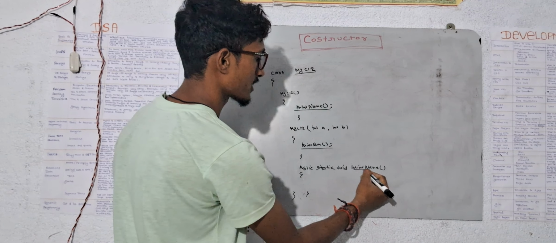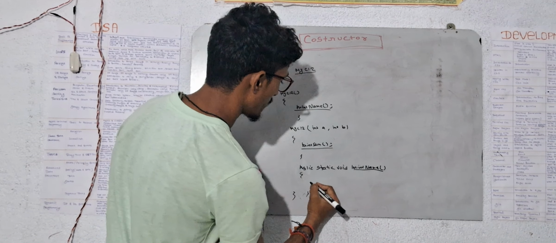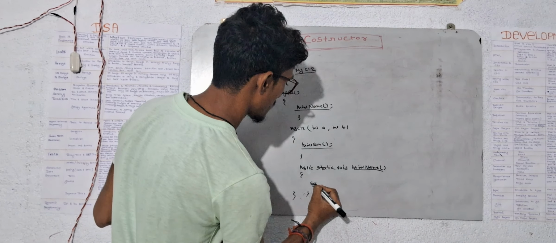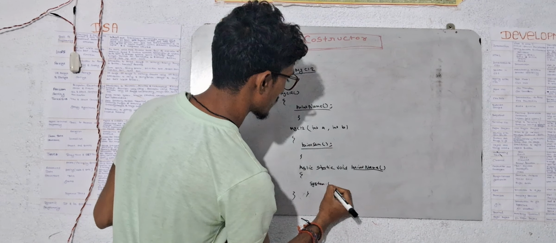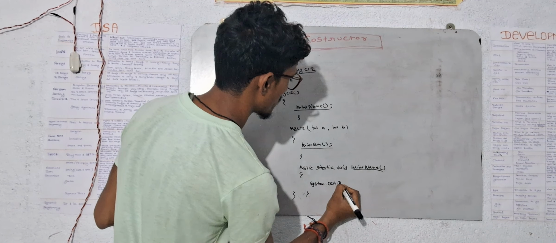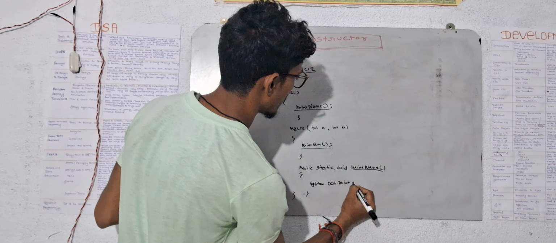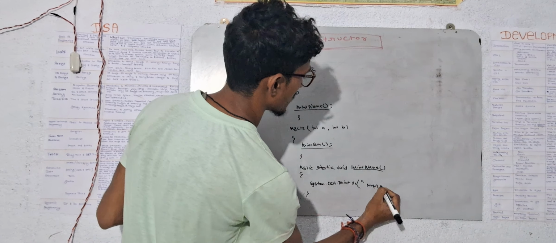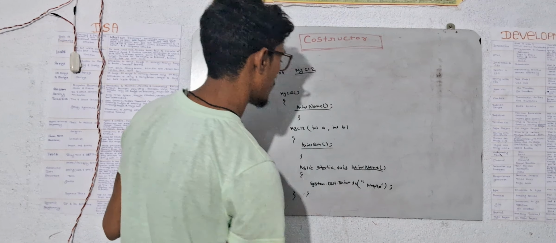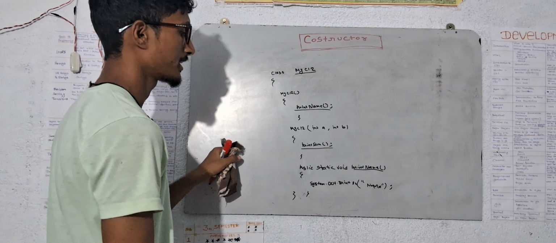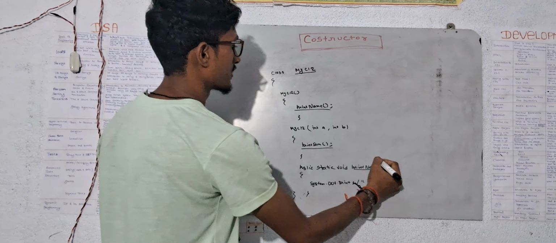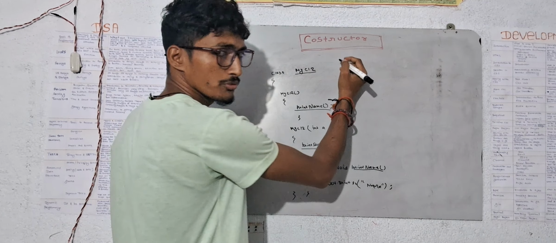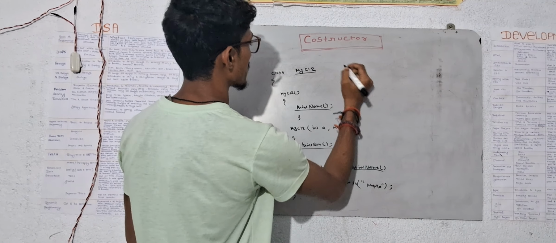When this function executes it will print our name, system.out.println, here your name. Okay, and we need to declare one more function which is used to print the sum of a and b.